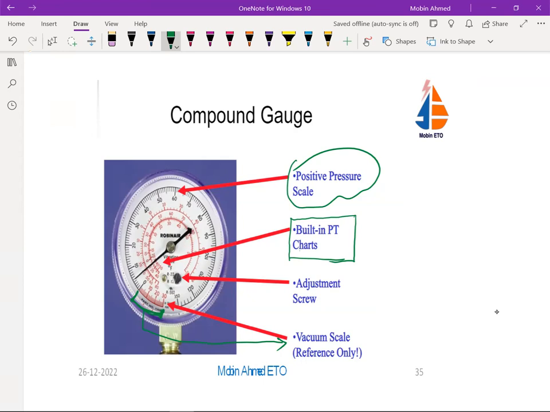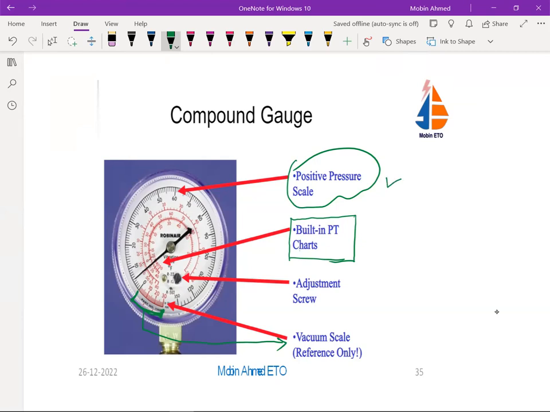So whatever the pressure, you can see the temperature of that. These are all in degrees Fahrenheit. You can change into centigrade also. So this is the built-in chart.